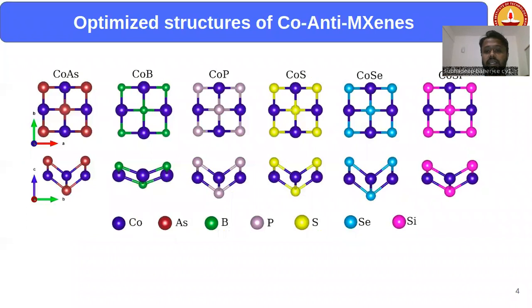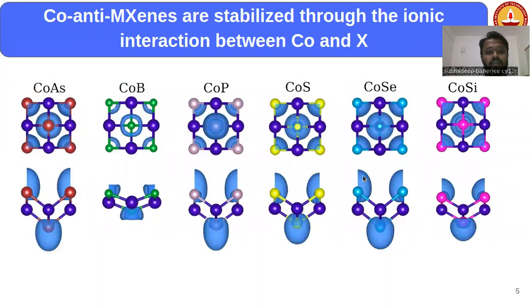These are the optimized structures of the cobalt anti-MXenes. The first row is the top view, and the second row is the side view. The electron localization function plot shows that there is ionic interaction among the constituents, which stabilizes the system.